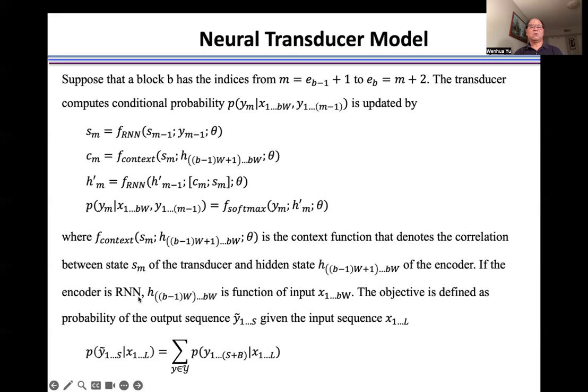If the encoder is an RNN, H is a function of input X. The objective is defined as the probability of output sequence Y given the input sequence X here.